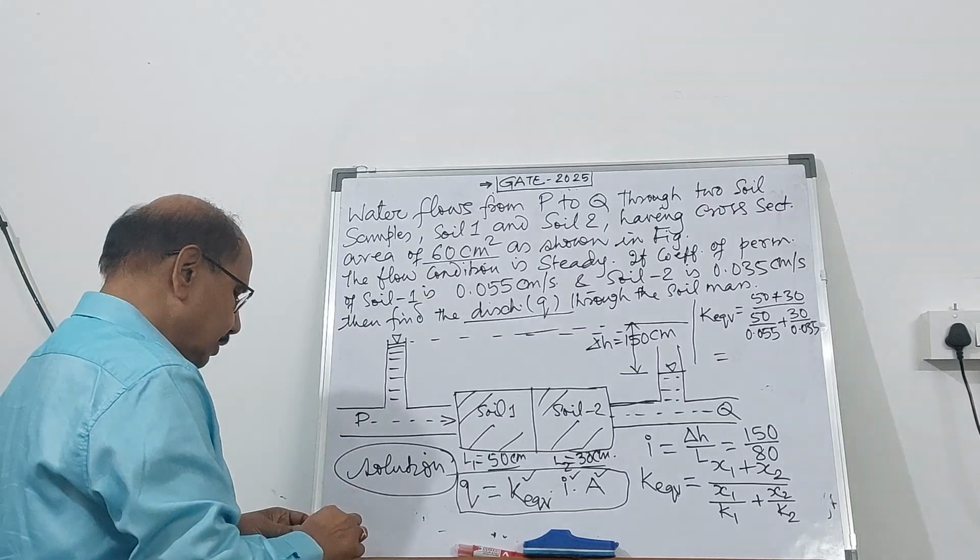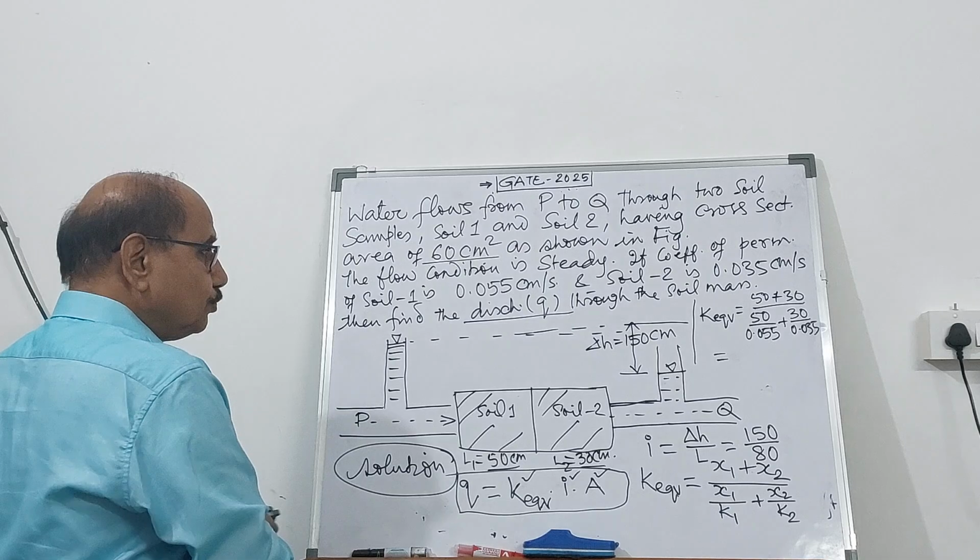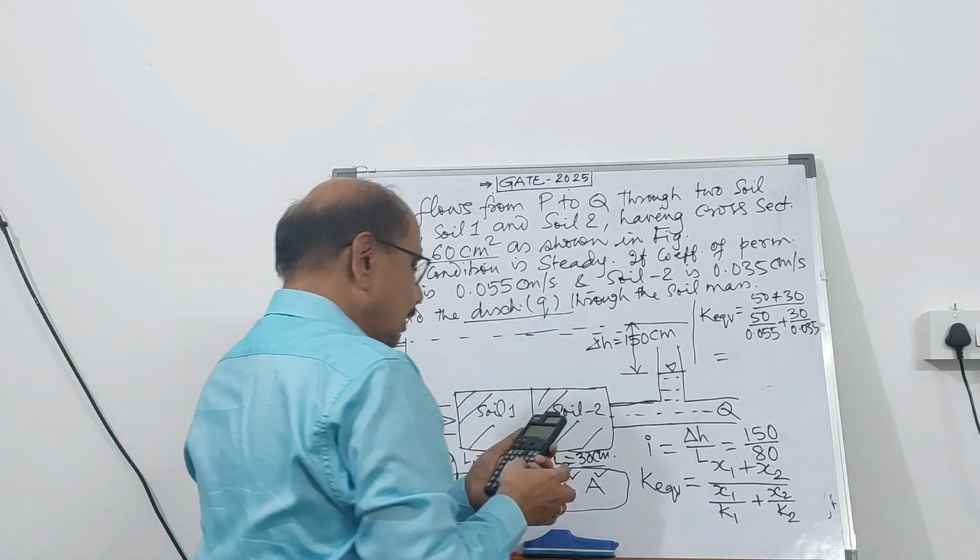Let us calculate. So 50 plus 30 becomes 80.